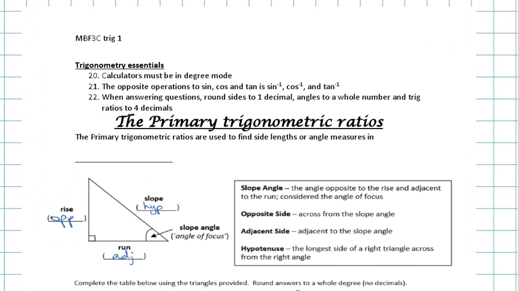Now, if you press Shift or Second, you should be able to find sine to the power of -1.